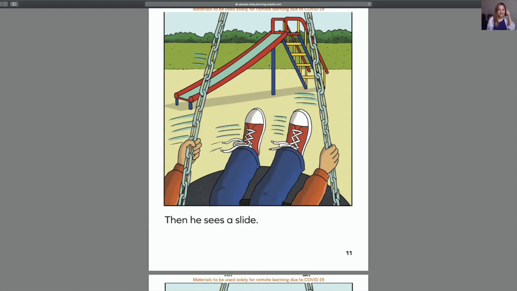Okay, so I want you to take a few seconds and think of what is something that you can predict might happen next. Okay, first grade, now we're going to keep reading and then we're going to see if our predictions matched what we see in the story, okay?